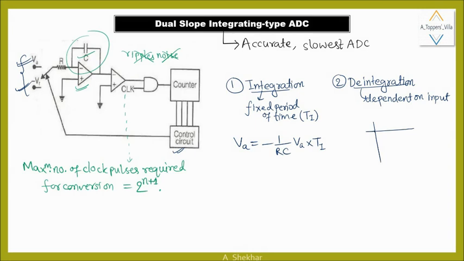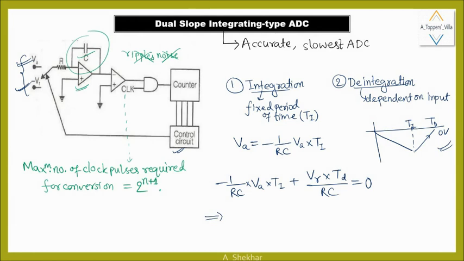So this integration time here will be like this, means up to Ti the slope is negative, and in the de-integration time the slope will be positive. So by adding this integration time and de-integration time, we can write minus 1 upon RC into VA into Ti plus the reference voltage VR into TD upon RC is equal to 0.